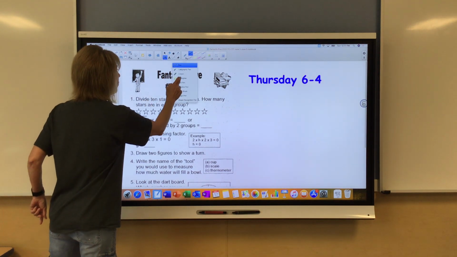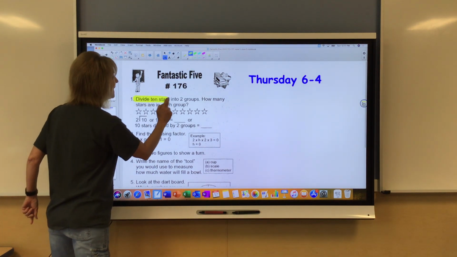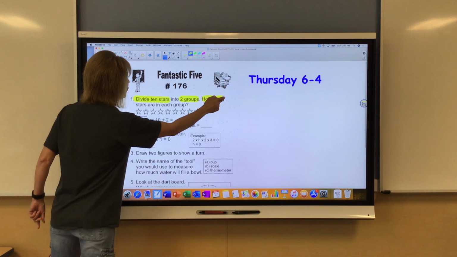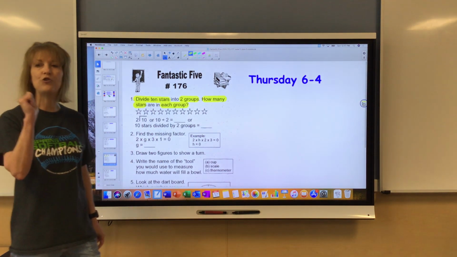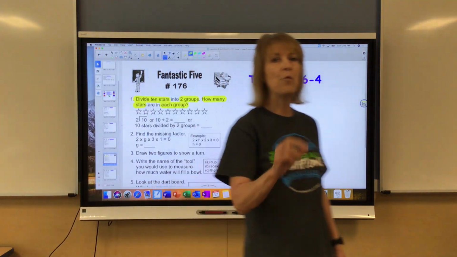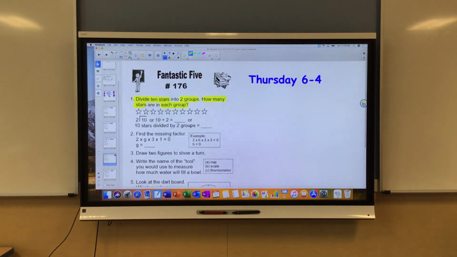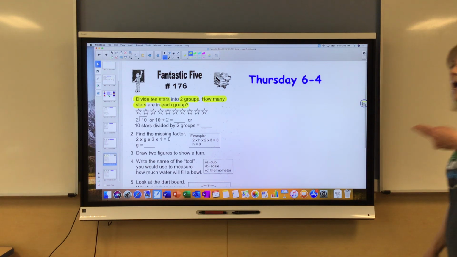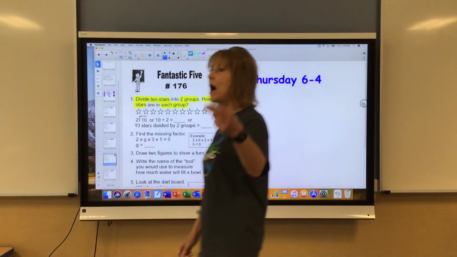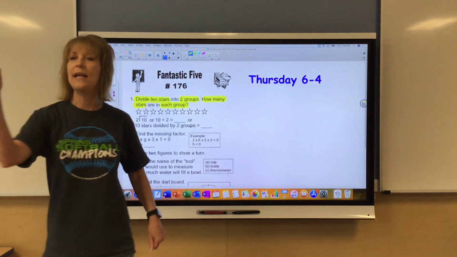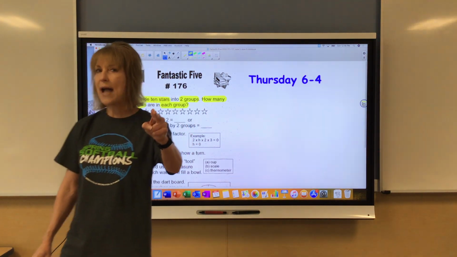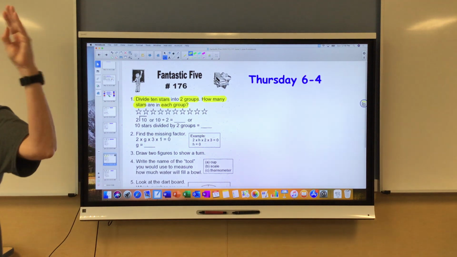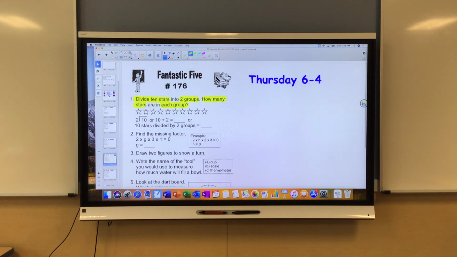Starting right off with number 1, divide 10 stars into 2 groups. How many stars are in each group? Now, I heard that word divide, which makes me think of my 4 mathematical operations. Addition, subtraction, multiplication, division.